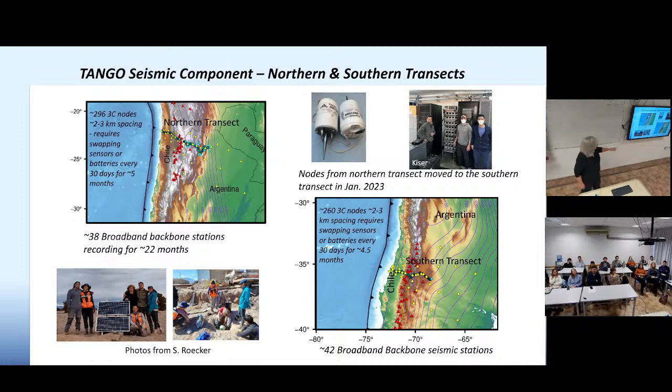And these are little seismometers like this that you just stick in the ground, you orient them. It looks easy, right? It's great. But the batteries only last 30 days, and 30 days is not enough time.